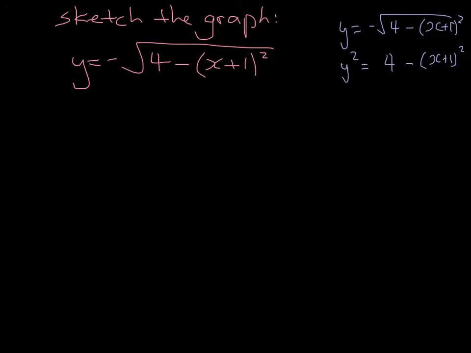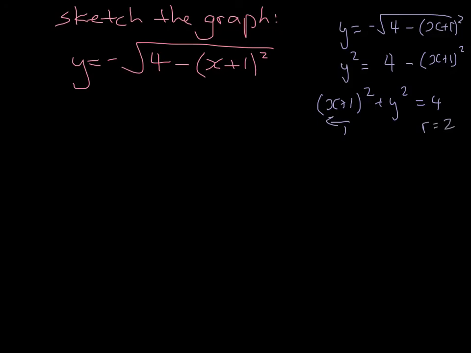Now we've got a negative, where did the negative go to? When we squared it, negative times negative becomes a positive. Now I'm going to add that bracket, so we'll end up with x plus 1 squared plus y squared equals 4. So this will tell us we have a circle graph which is shifted to the left by 1, and vertically it doesn't get shifted up or down. It will have a radius of square root of 4, which is 2.